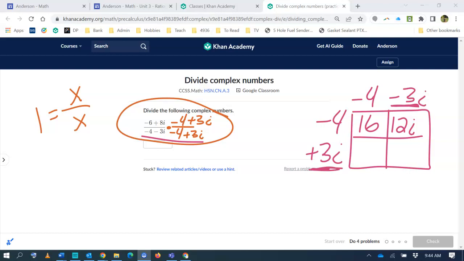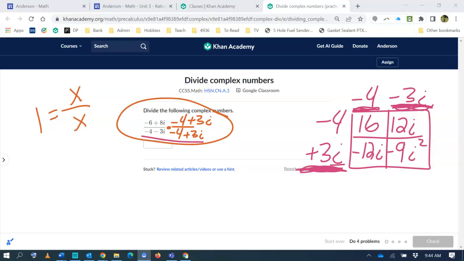Now 3i times -4 becomes -12i. So 3 times -4 is -12 and our single i. And then finally, positive 3i times -3i. 3 times -3 is -9, and then i times another i gives us i squared.